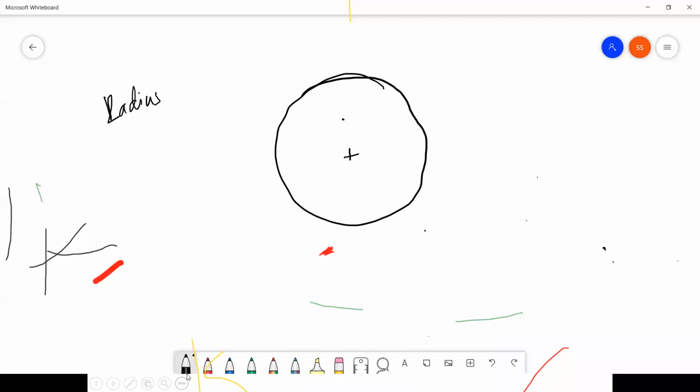Radius you can give in two types, from the center to the circumference. You have to mark the arrow there, that is always from the center to outside, to this circumference.